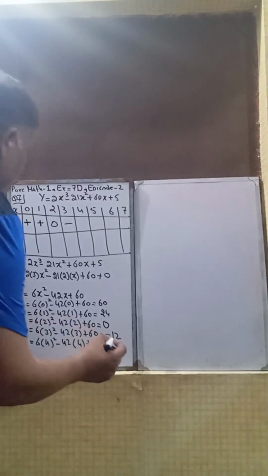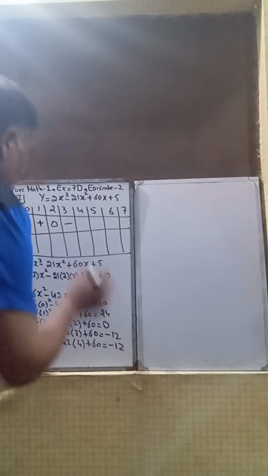Okay. 6 multiply 16 minus 42 multiply 4 plus 60, and the answer is minus 12 again. So this is going to be a negative number. This is also negative. Then I will put 5.